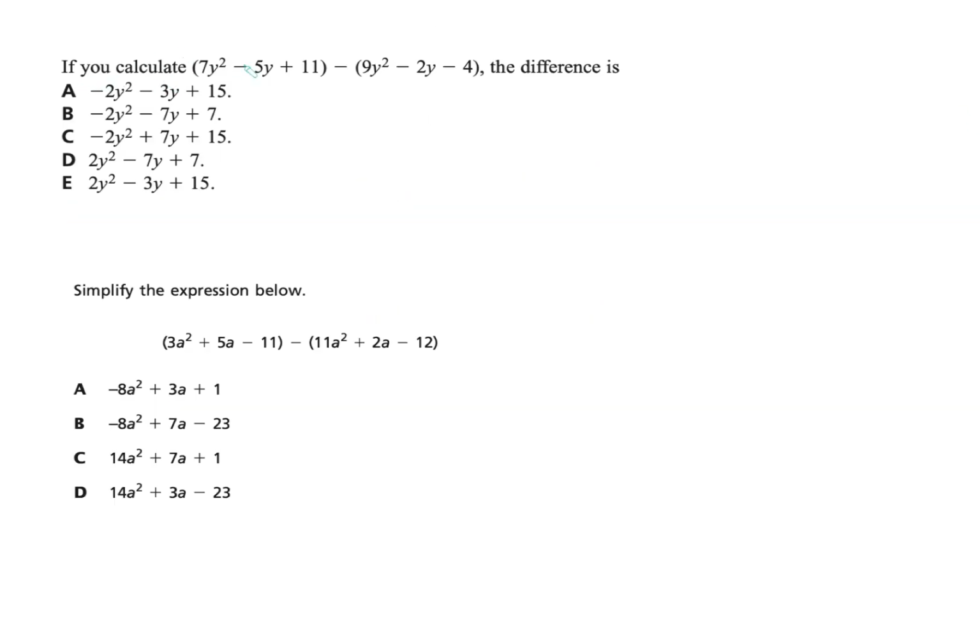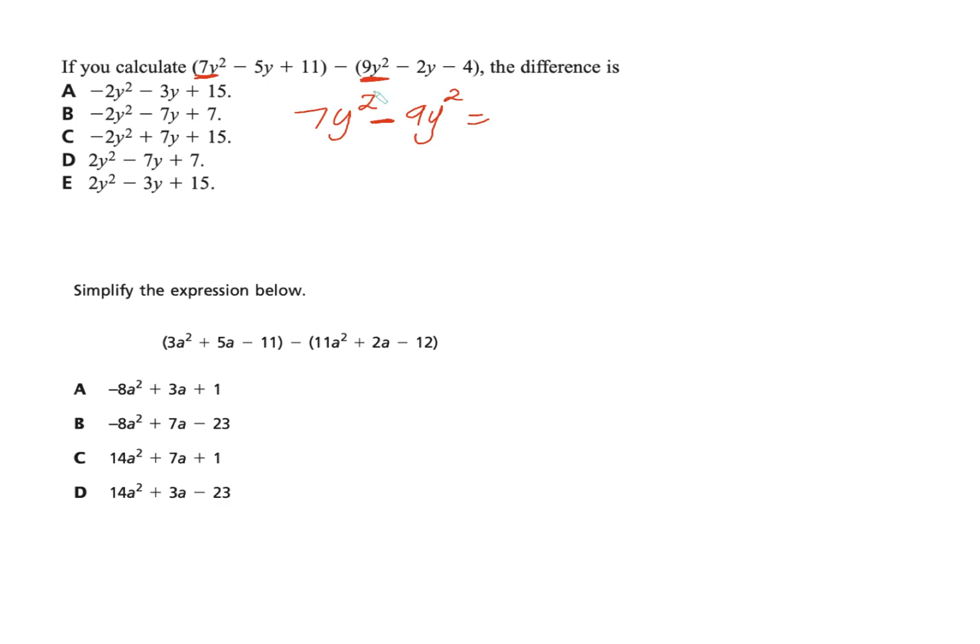If you calculate 7y squared minus 5y plus 11, subtract 9y squared minus 2y minus 4, the difference is... I'm going to start with the 7y squared and the 9y squared because they're like terms. So I have 7y squared and I'm taking away 9y squared.